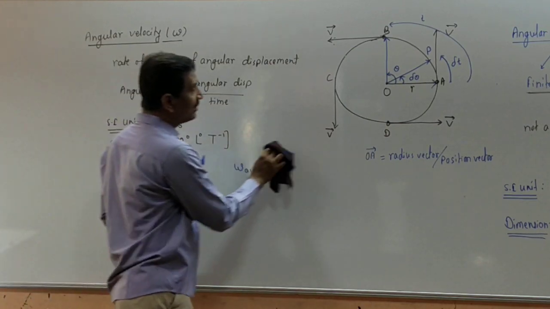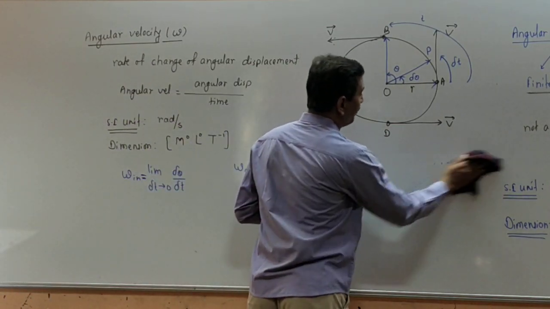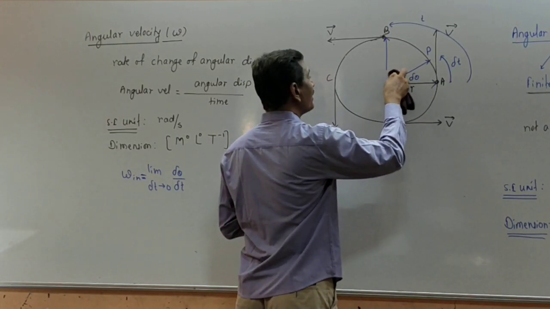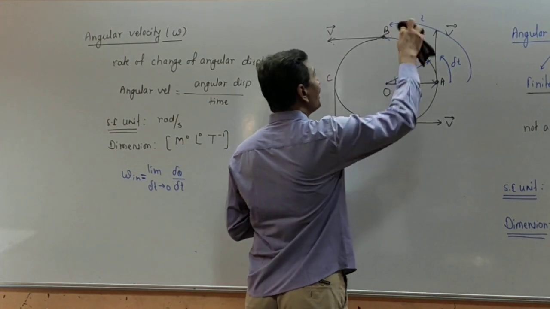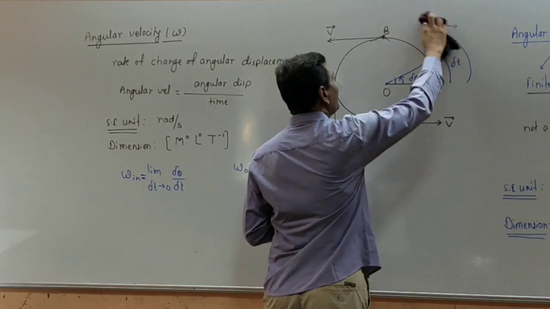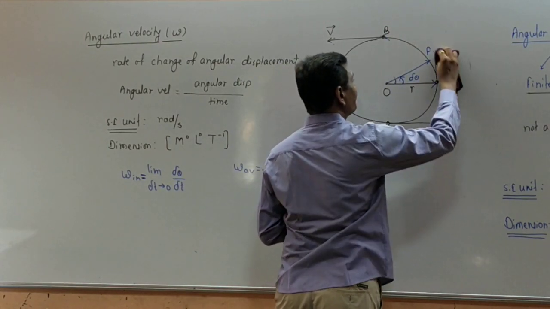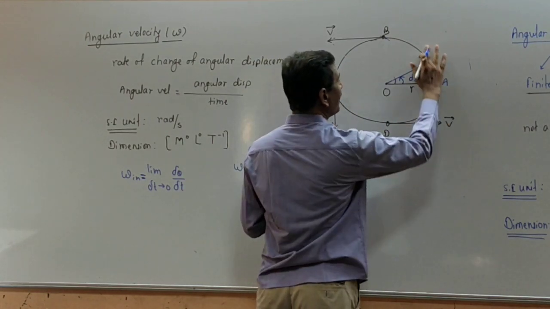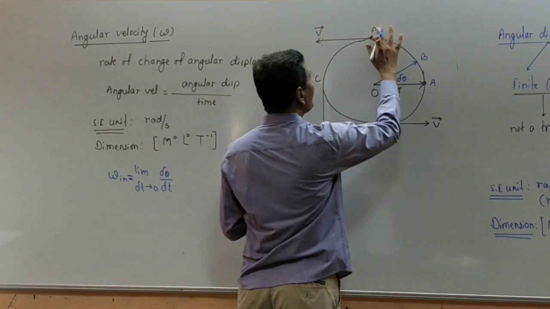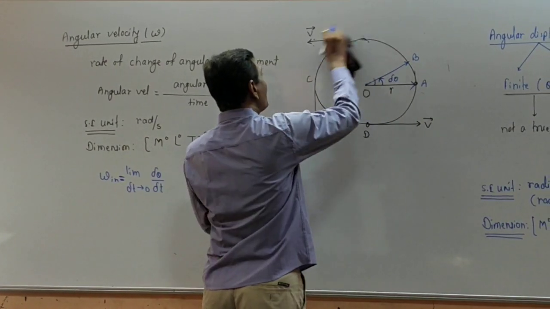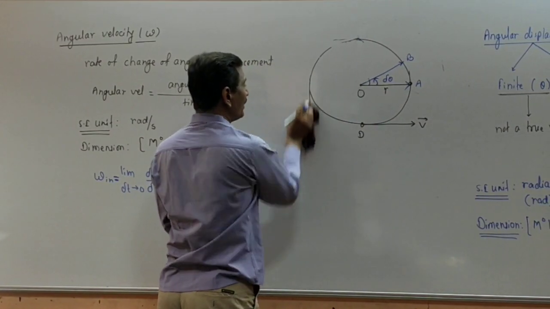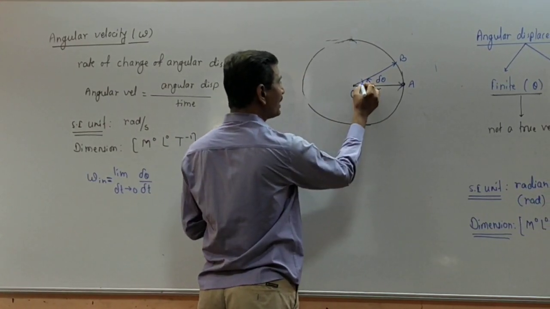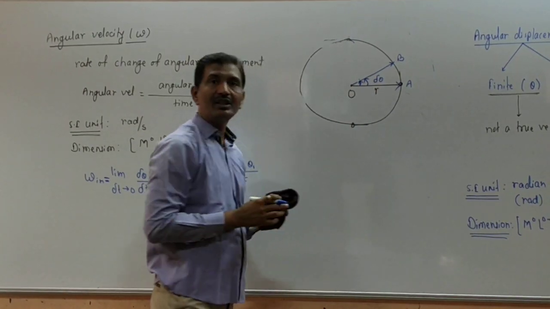The particle performing a circular motion, in a very short interval of time, moves from A to B. This position is A and the second position is B. The radius vector rotates through angle delta theta.